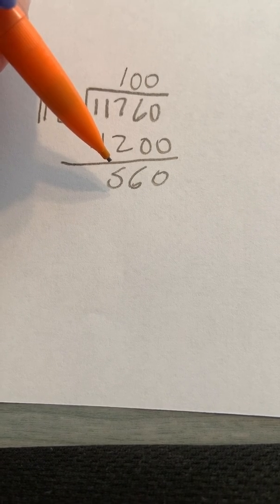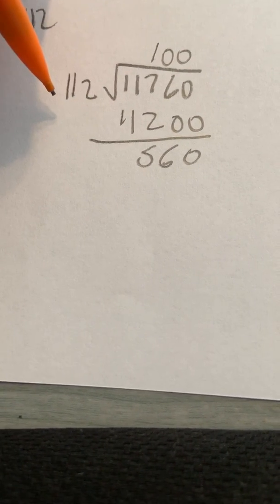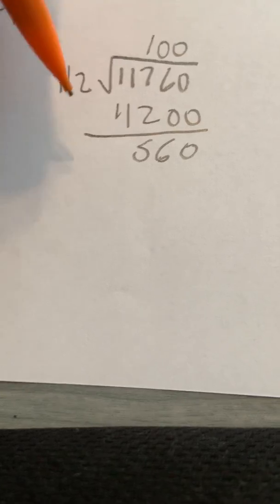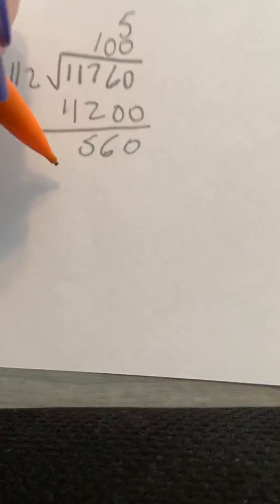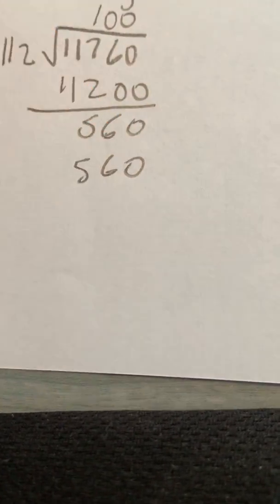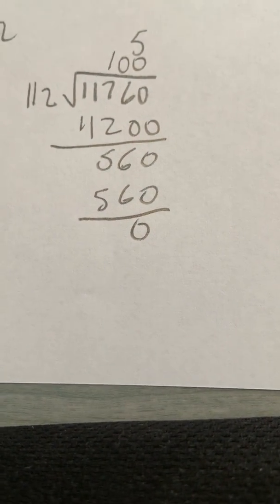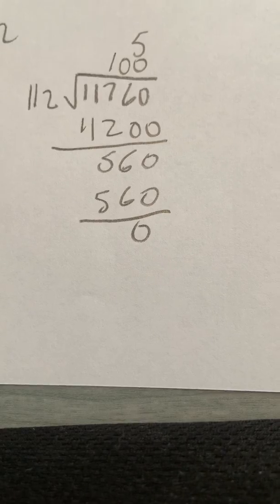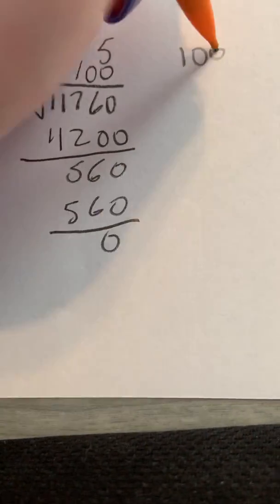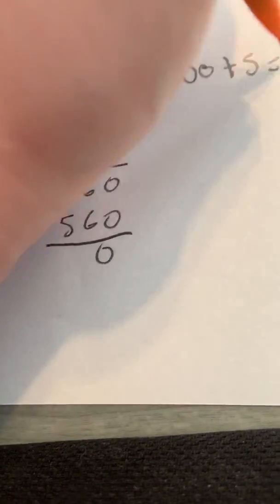So now out of 112 and 560, how many can we get? 112 times 5 is 560, so we'll do 5, and 560 minus 560 is 0. All right, and then 100 plus 5 equals 105.